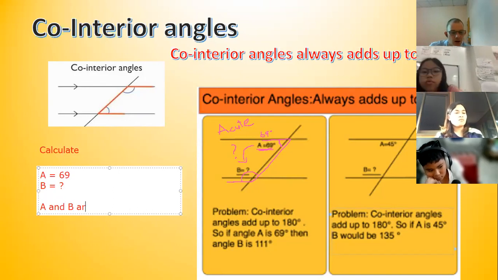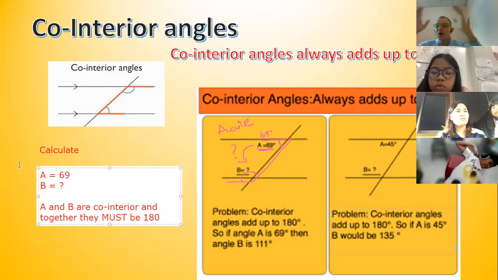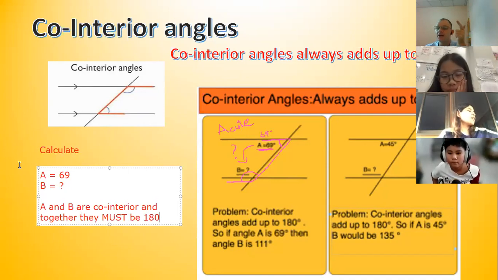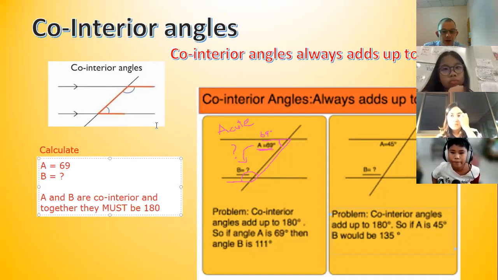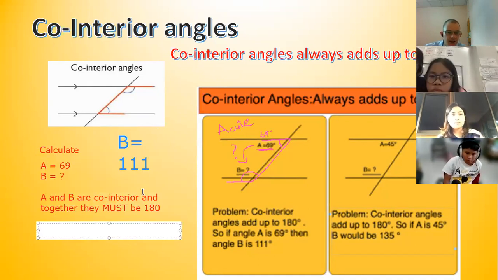A and B are co-interior. And together they must be 180. Okay. Now we have our equation. We have A is 69. B we will calculate. But we know they have to be 180. So if that is the case, we start off by saying, yes, B, thank you, Posh, B equals 111.